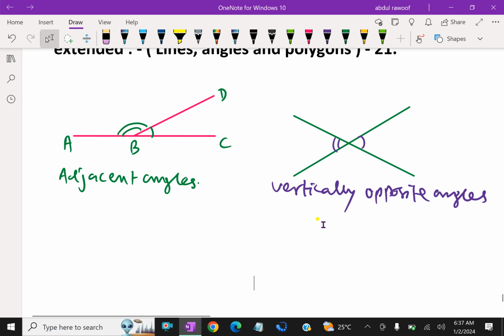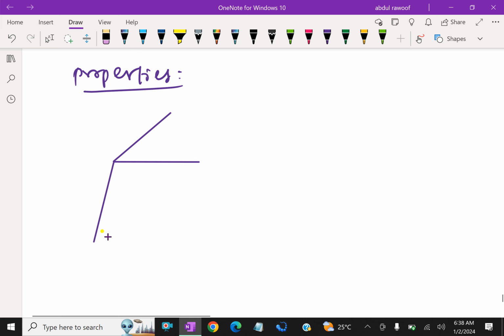For example, suppose angles A, B, and C. In this, suppose this point here is the center, and the sum of those angles is 360 degrees.